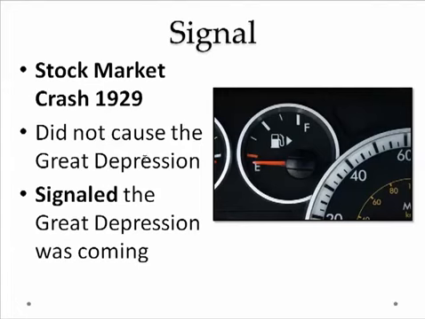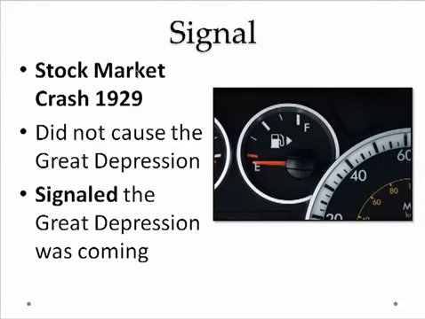It was a signal that the Great Depression was coming, that decade or more, 12 years, is going to come, and we're going to have to deal with a bad economy. So the stock market crash in 1929 is much like the fuel gauge on your car. You know, if you look at that, did your fuel gauge being on empty cause your car to run out of gas, or did it just indicate that your car was out of gas and you needed to put some in it?